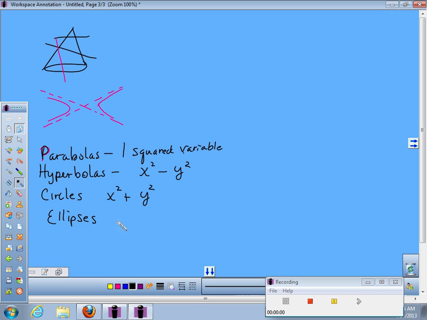The difference is the coefficients on the x squareds and the y squareds. Circles, in standard form, don't have coefficients, but when you're starting out they may. They have to have the same number on them. Ellipses will have different numbers on x and y. The coefficients will be different.